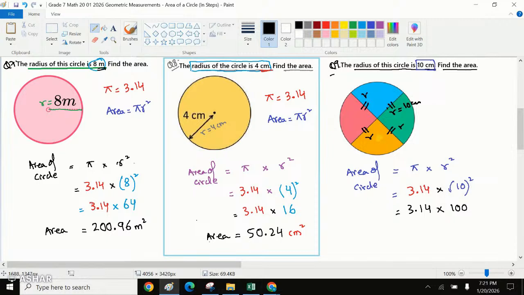We can use a calculator: 3.14 multiplied by 1 is 3.14, and we move two decimal places. So this comes out to be 314. The unit was centimeter, and we write square because we are trying to find the area. Agreed? Okay, thank you.